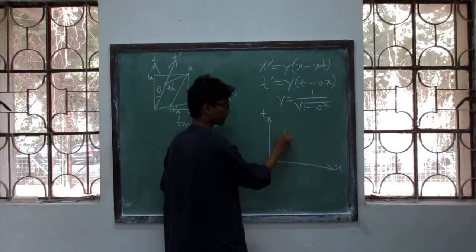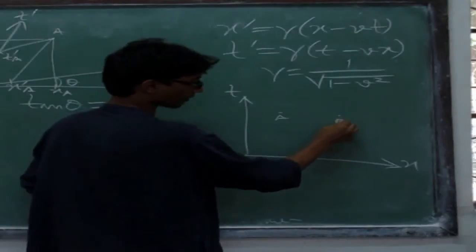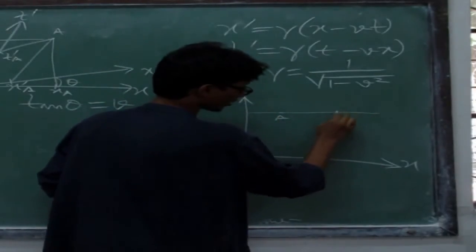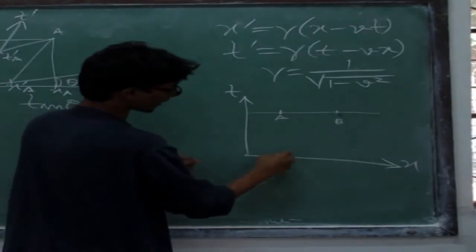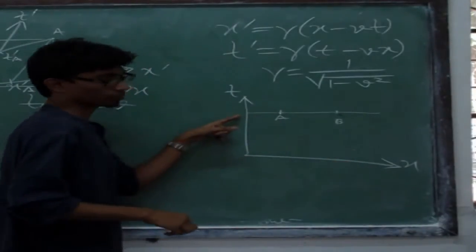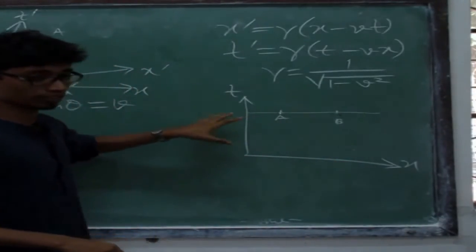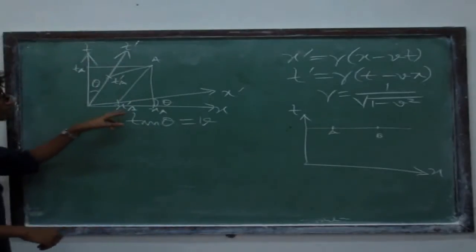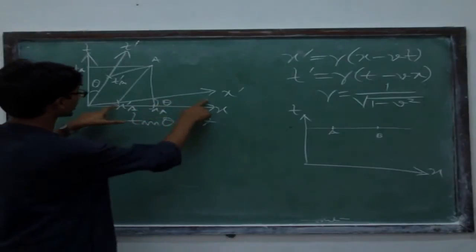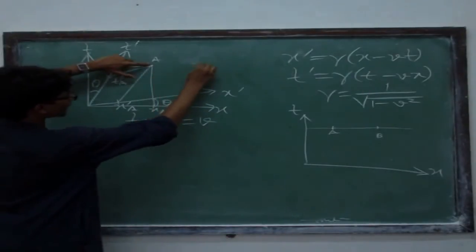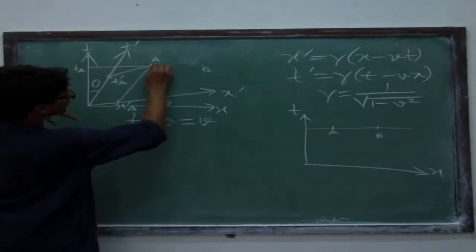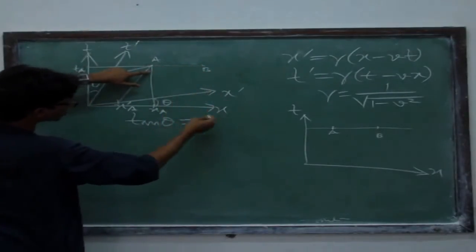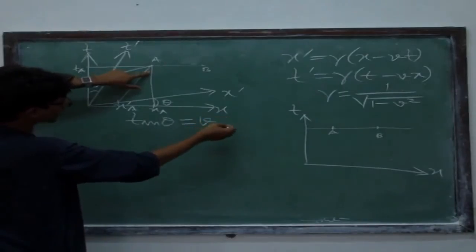If you have two events, say A and B, lying on a line which is parallel to your x-axis, meaning they have the same time coordinate, that is the geometrical definition of two simultaneous events. So two simultaneous events in the unprimed coordinates will be events like A and B, where the line between them is parallel to the x-axis.